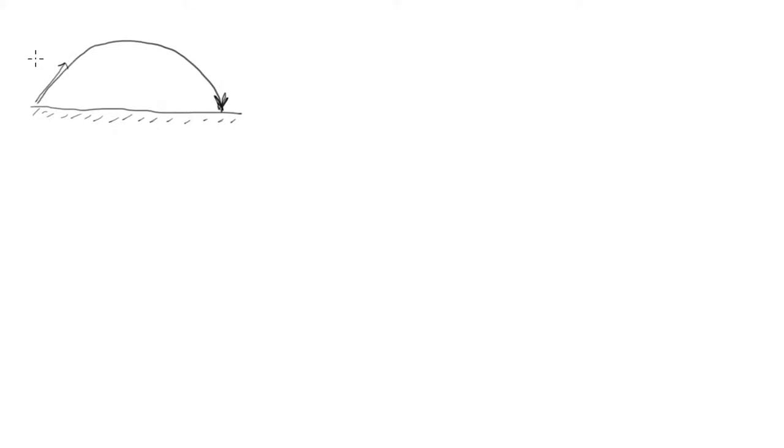So there's some initial speed at launch, you've got an initial angle, which they're calling theta naught, and of course then you want to find the range, okay, and the time of flight will be t.